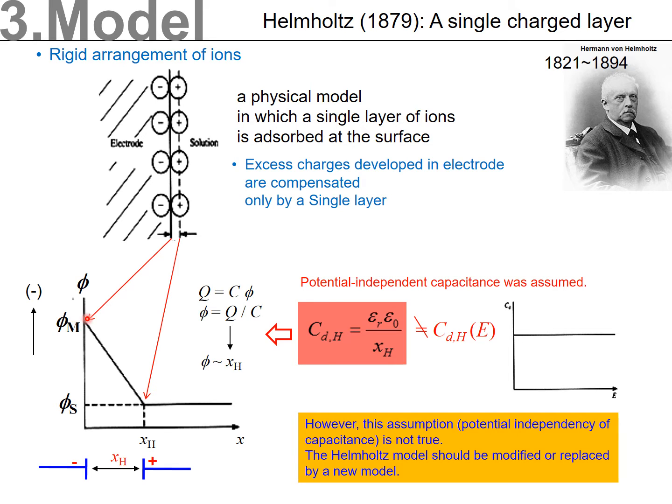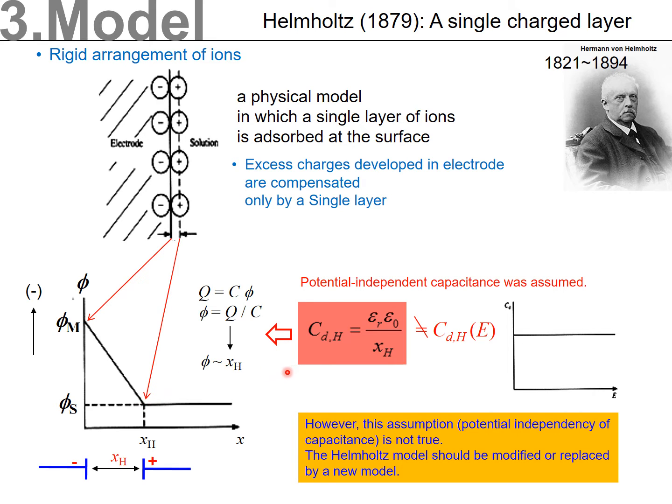And then that potential is compensated by the cations in this case. So it is going down linearly, because of this equation, and then finally reaches the potential of the solution or electrolyte. So for this Helmholtz model, we have this kind of linear decrease or linear increase potential profile for the electrified electrode.